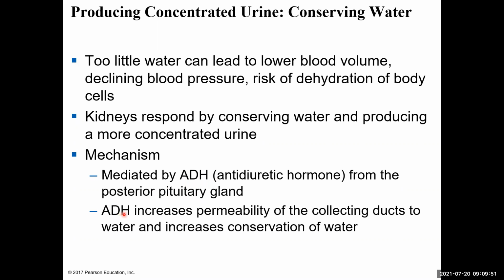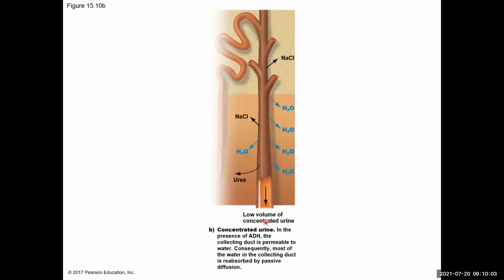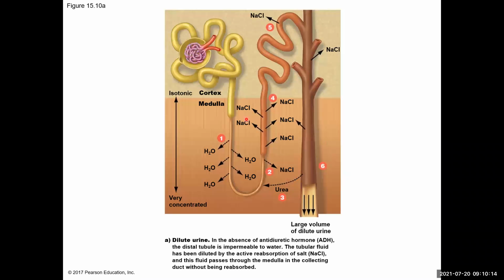And then the ADH will tell the collecting duct to allow water to be reabsorbed. So all of a sudden, the collecting duct is now permeable to water, and water will be reabsorbed because of the high amounts of solute that are in the area surrounding the collecting duct. Because remember, the NaCl is being reabsorbed while water is not.